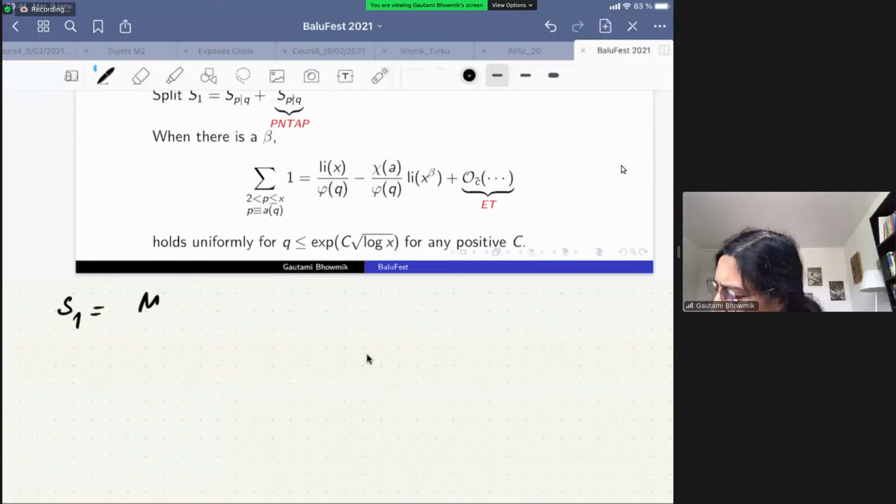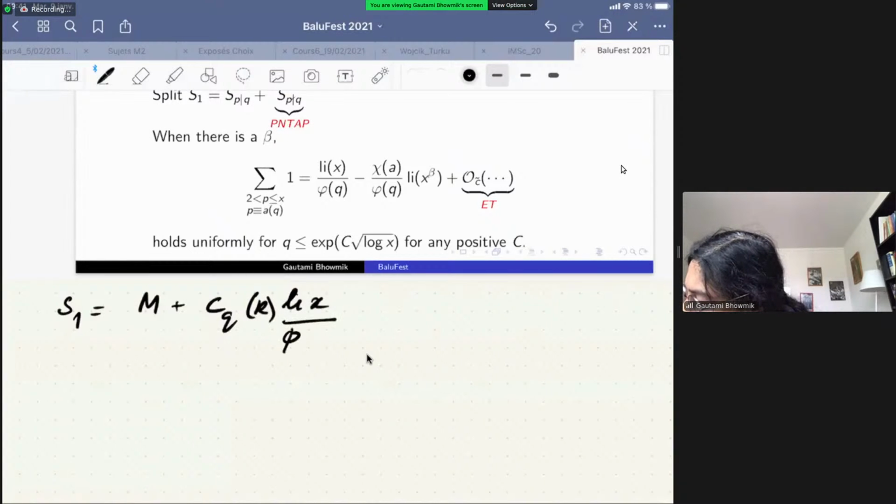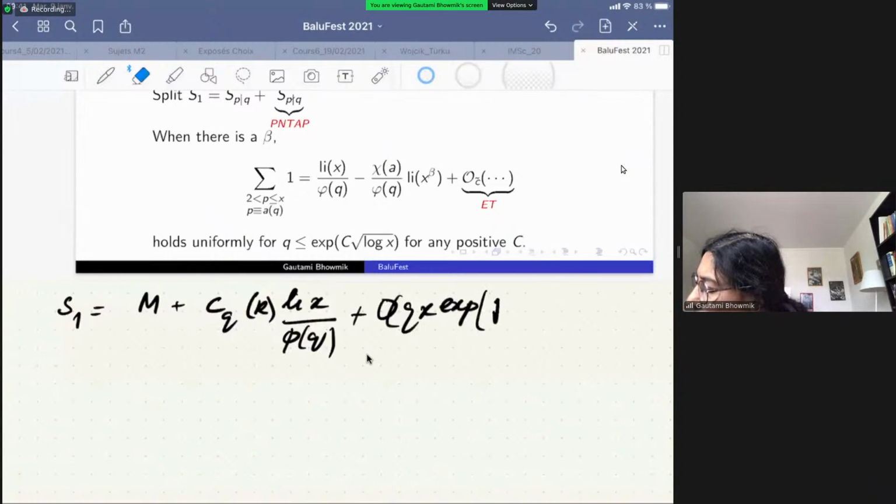This is equal to some m plus, here is my Ramanujan sum, Euler phi, okay, plus big O of Qx for some constant C tilde square root of log x.